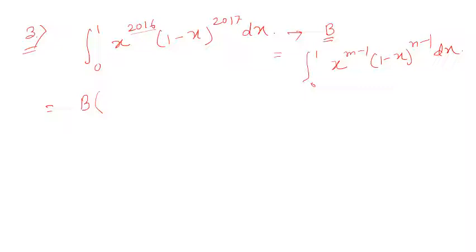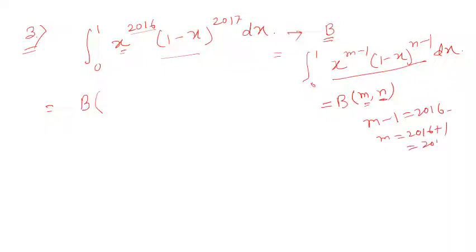I am writing this function in terms of the beta m, n format because here x is the variable, so that's why I am taking this format with respect to the parameters m, n. So if I compare this with this, then m minus 1 equals 2016, that means m equals 2016 plus 1, that means 2017. And the next one will be 2018, just adding one to each.